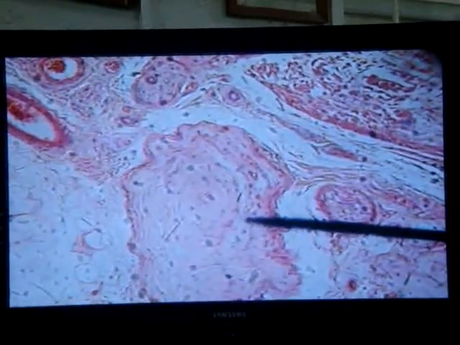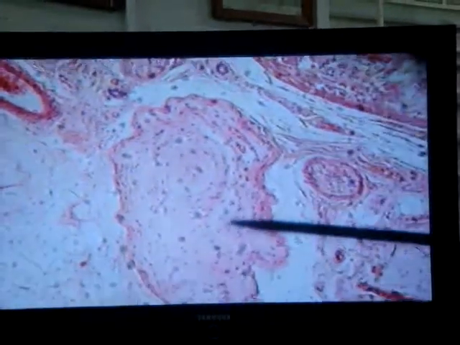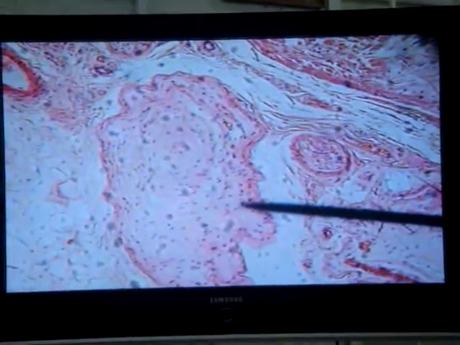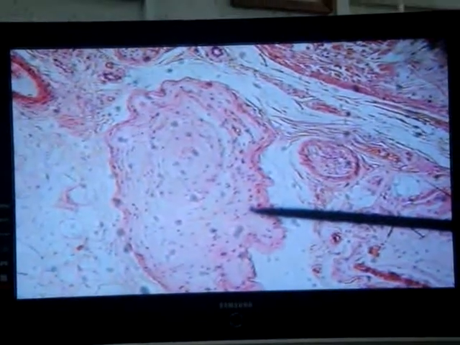So we find the Pacinian corpuscles. We find these sort of cut onion looking structures. These are the Pacinian corpuscles, lamellated in appearance. And these are specialized for pressure reception.